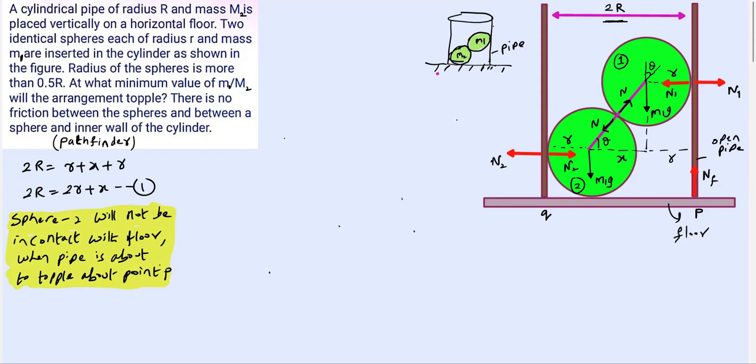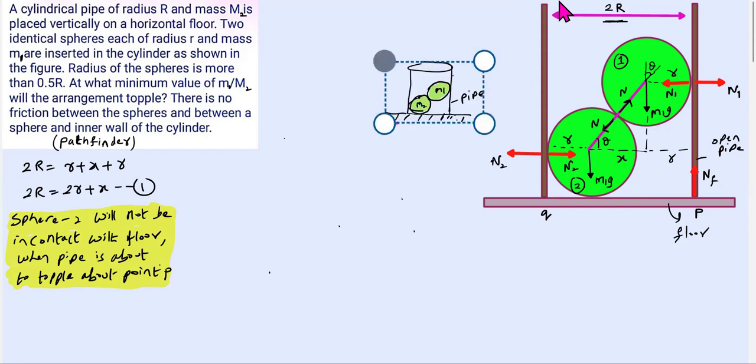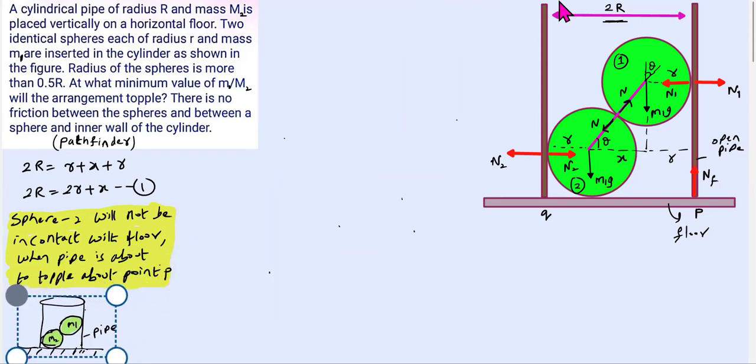Now we'll go for the equilibrium of each sphere and write down the equations.